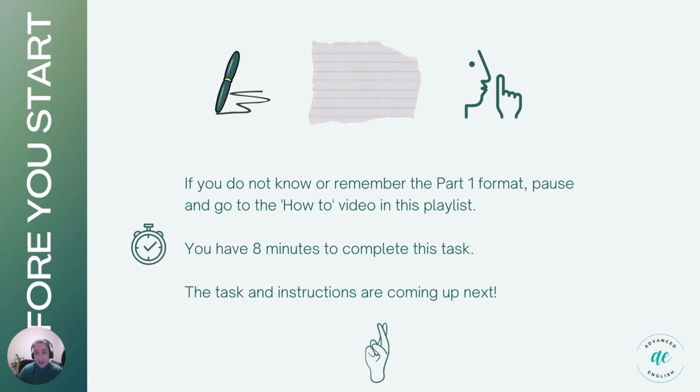If you need some time to get your pen, your paper, or watch the how-to video, I would say pause now, and when you are ready, you can resume the video. If you are already ready, good luck, and here are your 8 minutes on the clock for part one of the exam. Let's go.